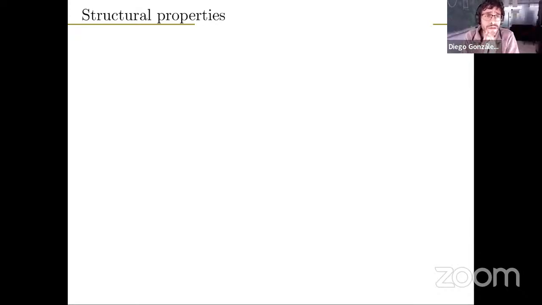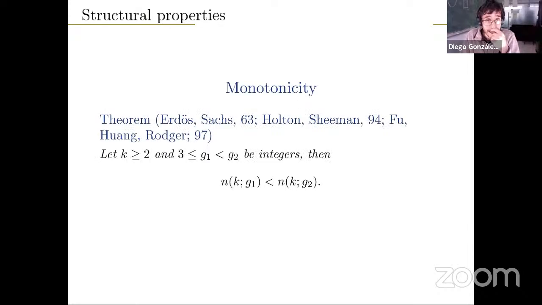I'm just going to talk about some structural properties of this family of graphs. One very important property in cages is the monotonicity property that says that if I have 3 integers k, at least 2, and g1, g2, such that g1 is less than g2, then the order of a (k,g1)-cage is less than the order of a (k,g2)-cage.